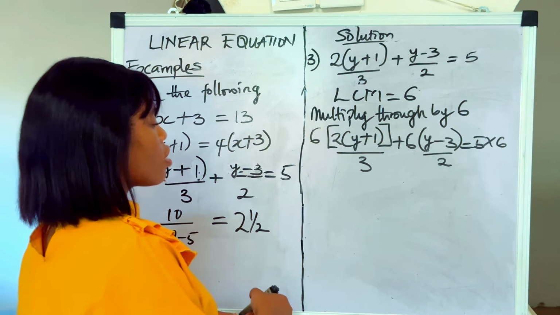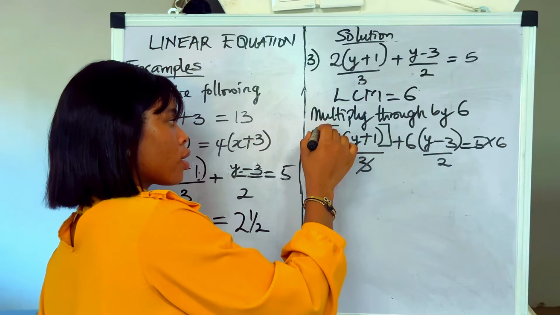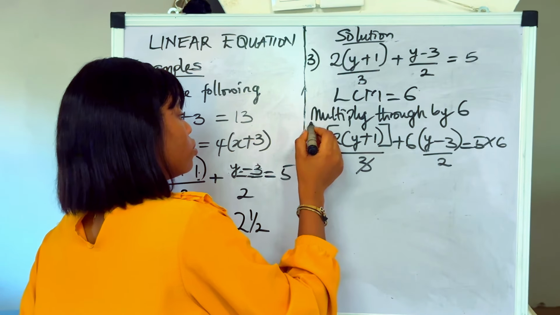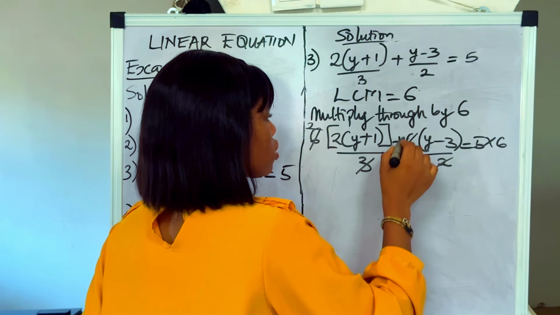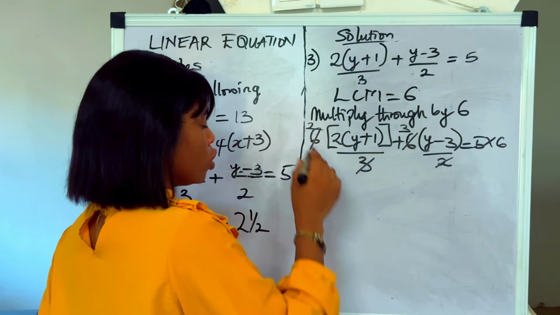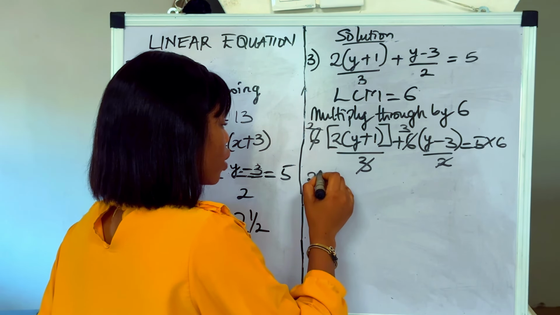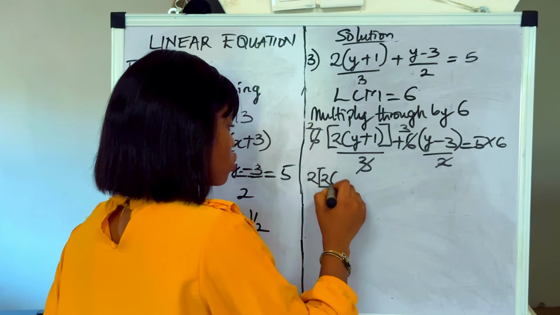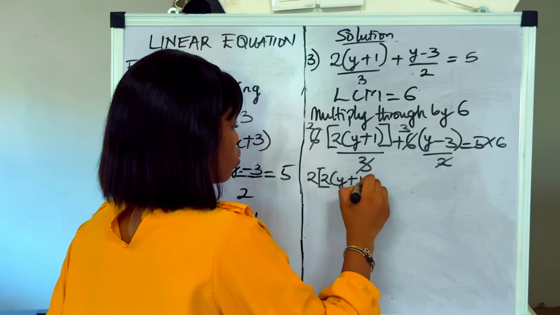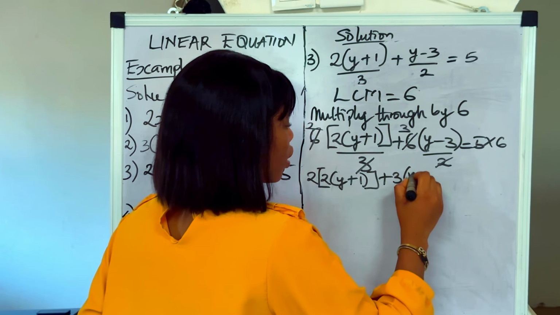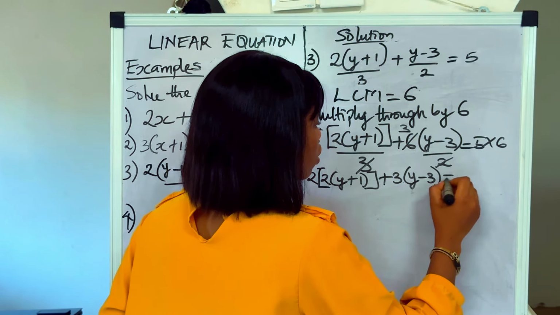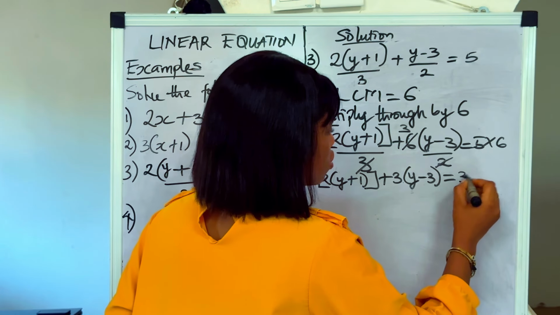So from here, 3 cancels 6, we are left with 2. 2 cancels 6, we have 3. Now we're having 2 into bracket y plus 1 plus 3 into bracket y minus 3 equals 5 times 6 is 30.